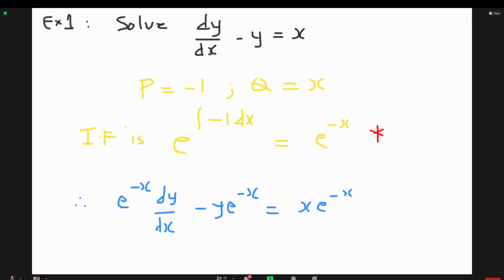Okay, everybody understand that? This is the integrating factor. We have to multiply everything here by e to the minus x. So e to the minus x dy/dx, and then minus y by e to the minus x, and then x by e to the minus x. Okay.